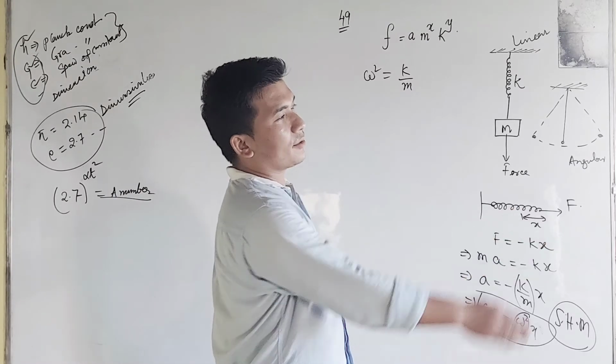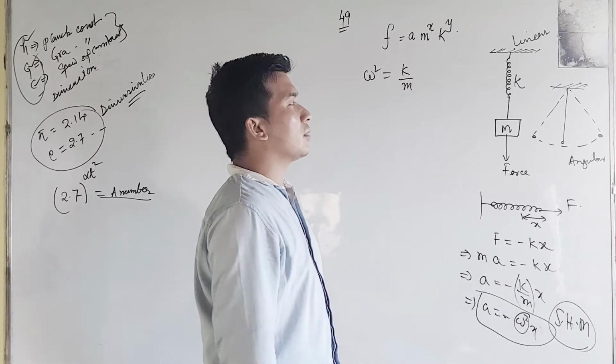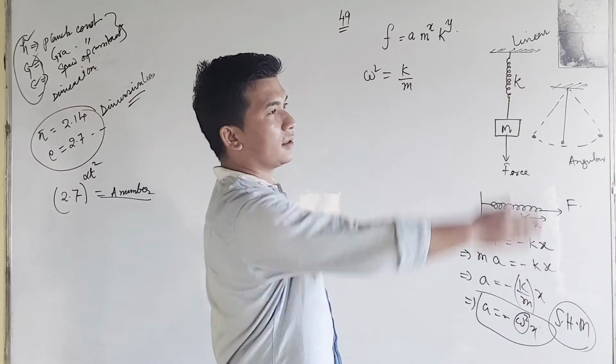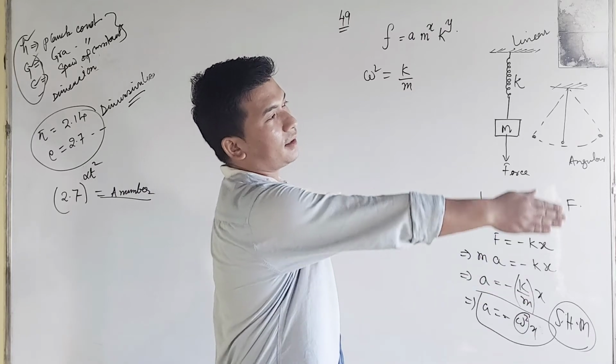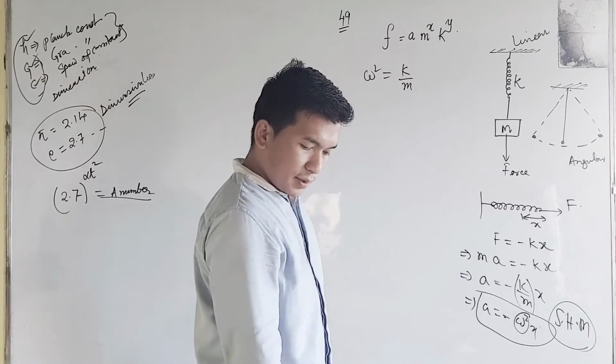Let us consider your pendulum's angular oscillation. The velocity becomes lesser and lesser until it stops at this particular position. This is the mean position.